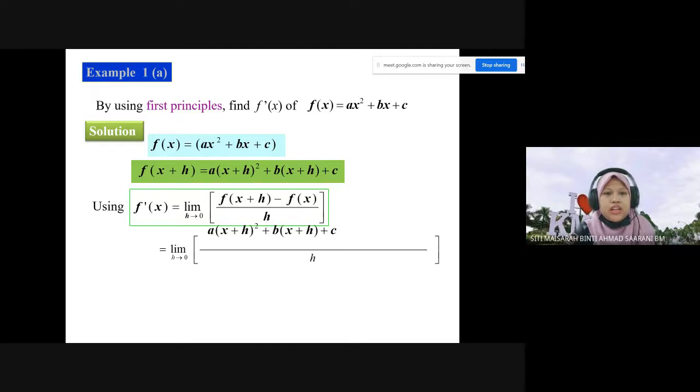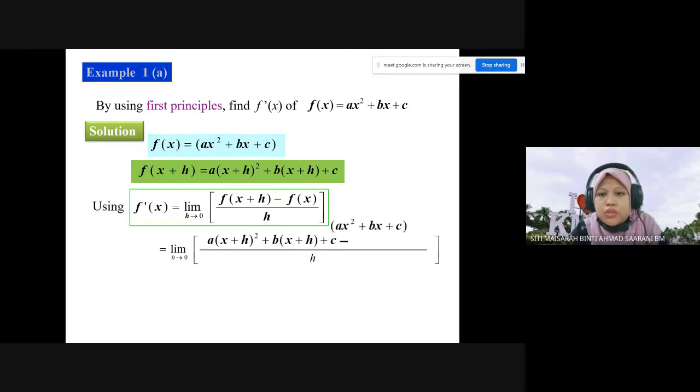So we get the limit as h approaches 0 of a(x plus h) squared plus b(x plus h) plus c, this is f(x plus h), minus (ax squared plus bx plus c), over h. We just substitute f(x plus h) and f(x). This is the first line of first principle.